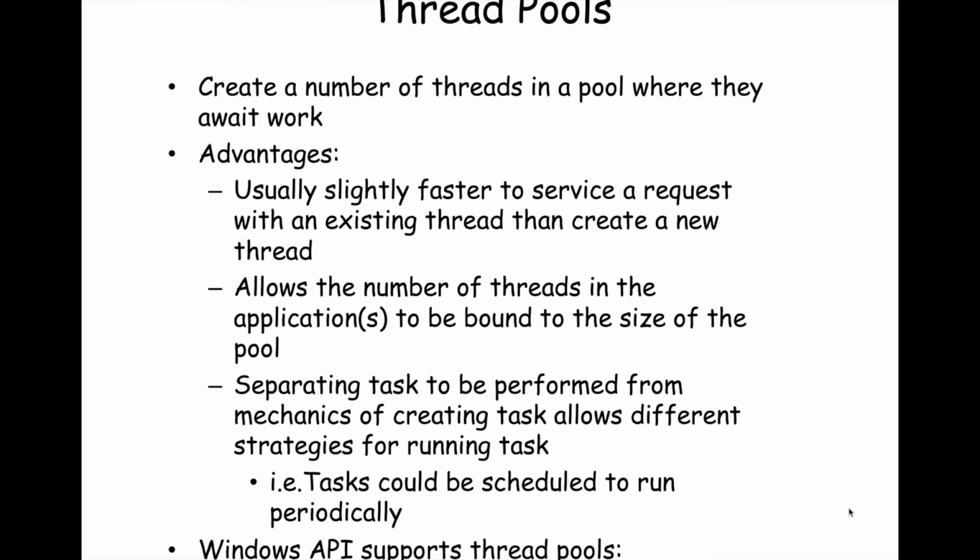And so the advantages, why do you have a thread pool? Sometimes in some applications, let's consider things like a web server. With a web server, you have your web server here, your server, right?